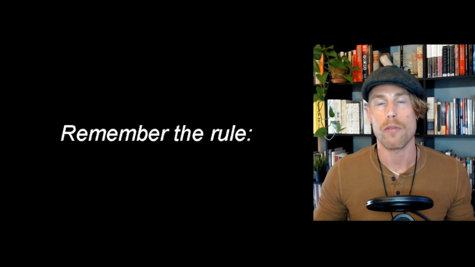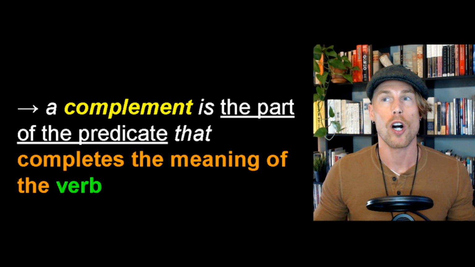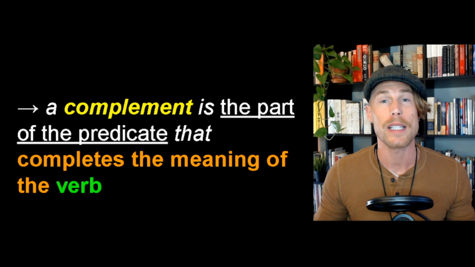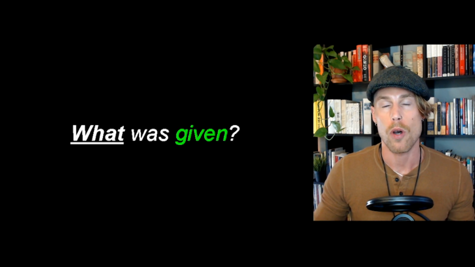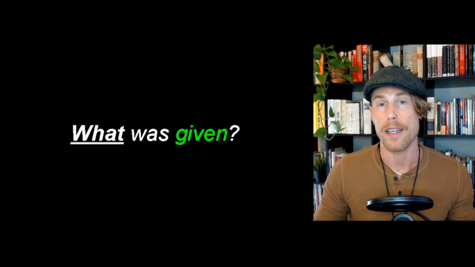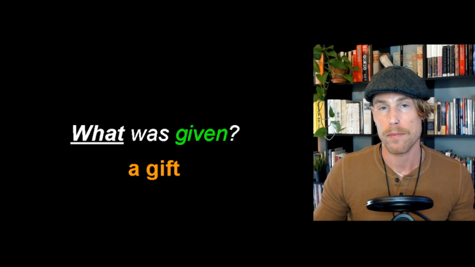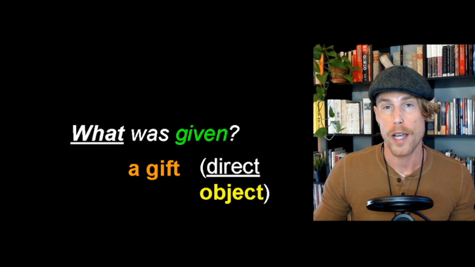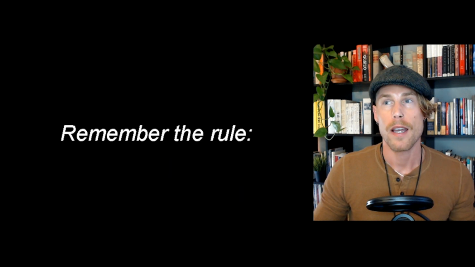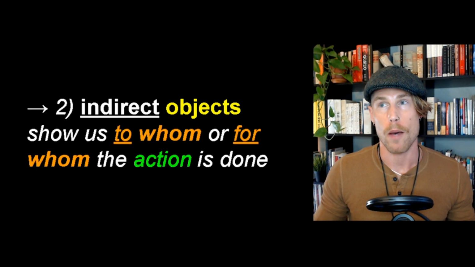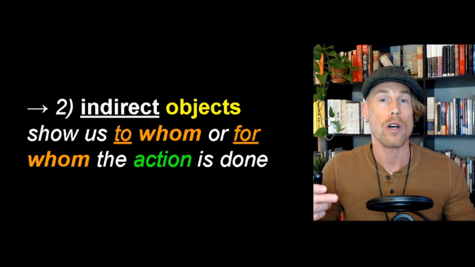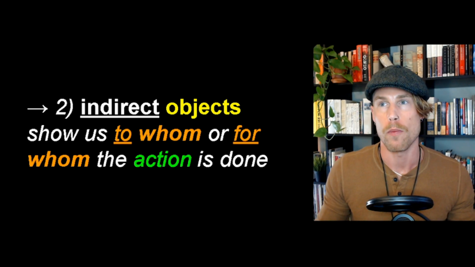And remember the rule. A complement is the part of the predicate that completes the meaning of the verb. So, what was given? A gift. Direct object. And remember the rule. Indirect objects show us to whom or for whom the action is done.